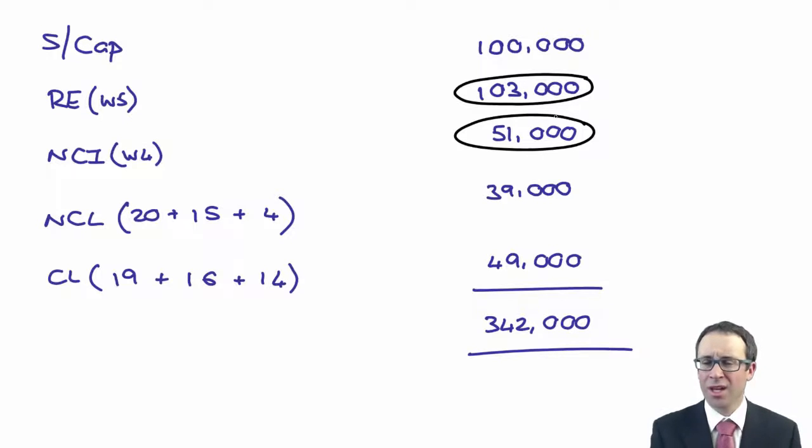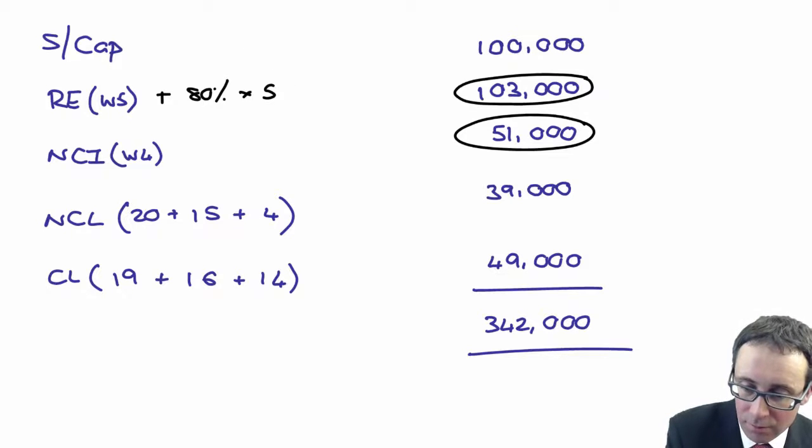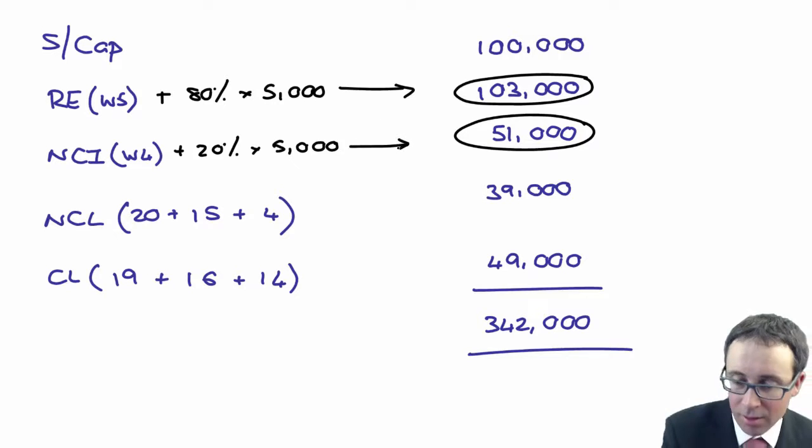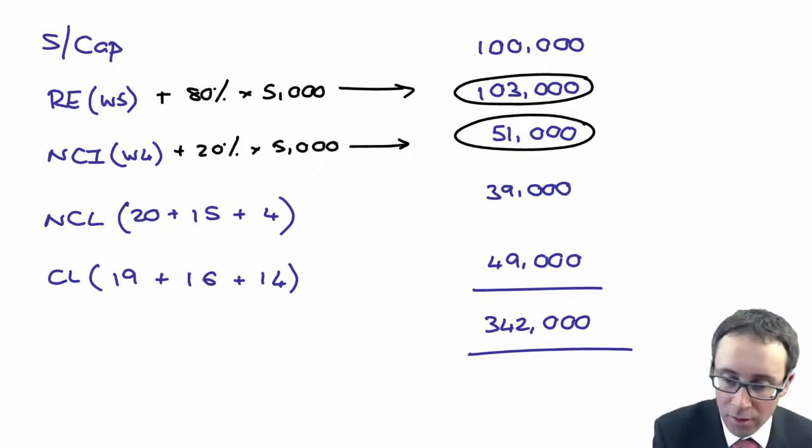So I think you should get an extra bit in retained earnings, which would be 80% of the 5,000, and then you will have 20% of that extra 5,000 going into NCI. So 80% of 5,000 is 4, which ultimately ends up as 107.